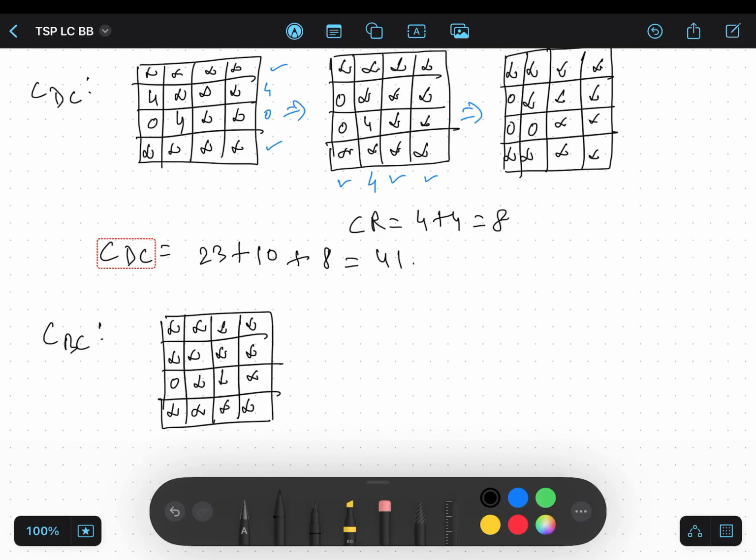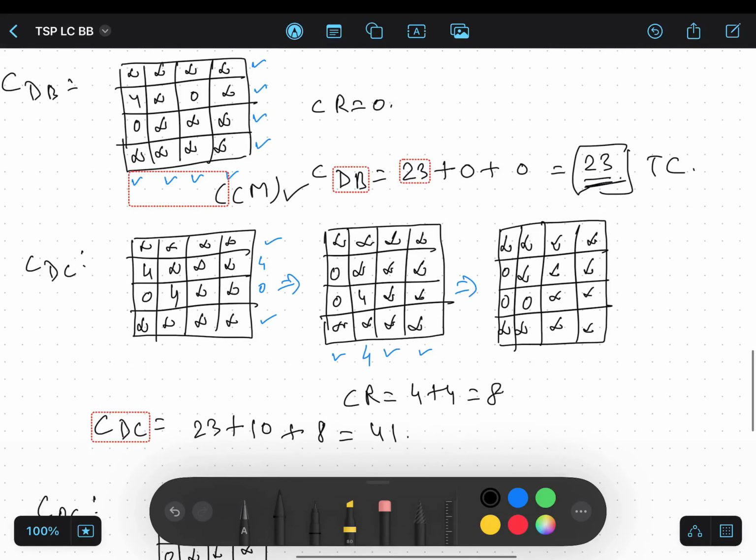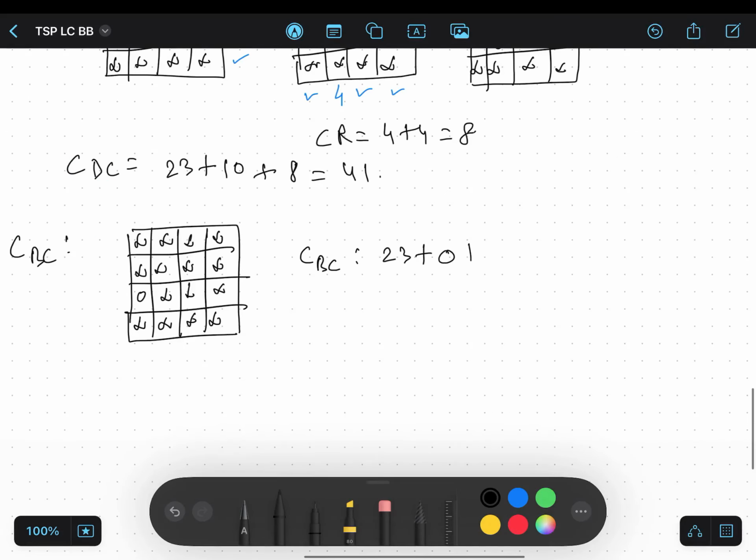So if we see, we don't have to reduce again, and our cost will be total cost 23 plus cost of BC in our current matrix. Current matrix is this, BC is 0, plus current reduction is 0, which is 23.